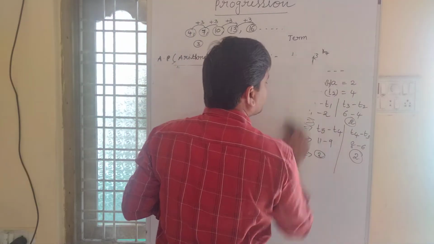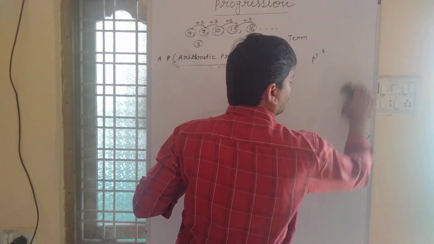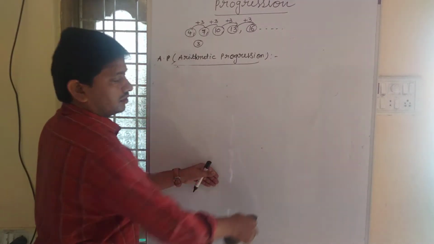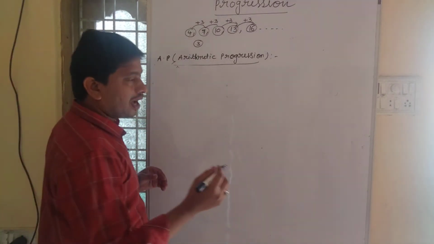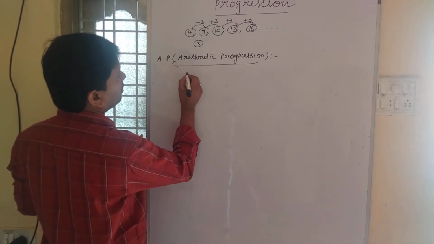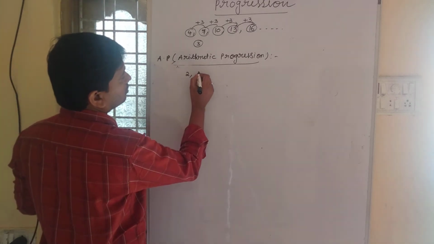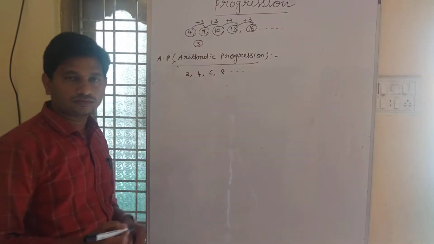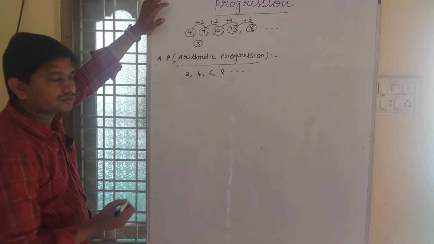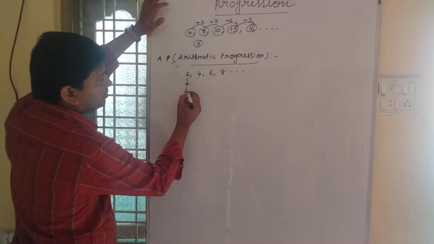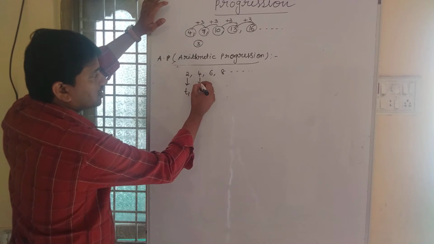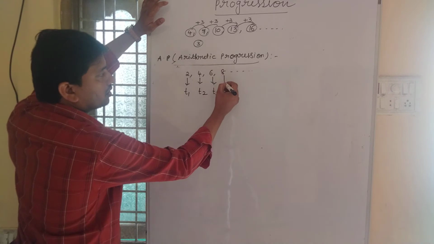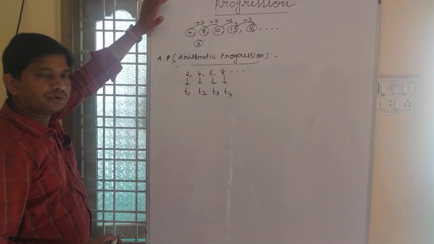Okay. Now let us see another sequence of numbers. For example, 2, 4, 6, 8 and so on, in which 2 is called our first term T1, 4 is called second term T2, 6 is called third term T3 and 8 is called fourth term T4.